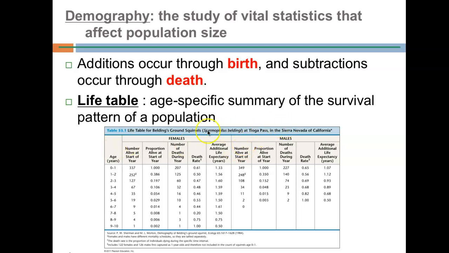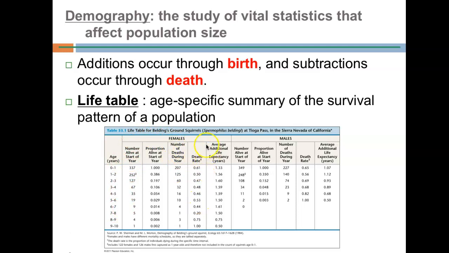So if we look at this table right here, this table is the life table for ground squirrels. And so one thing I want you to notice is that it's divided into females and males, and then it's further divided into age, living, deaths, and then finally death rate.